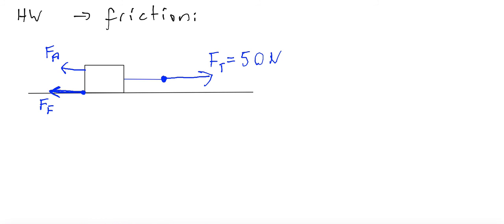Okay, and we know the mass of the object, and we know the acceleration of the object. We know that the object accelerates to the right with a given acceleration, which will be equal to, let's say, 1 meter per second squared.